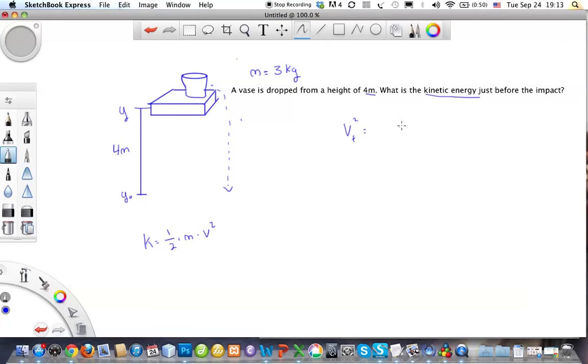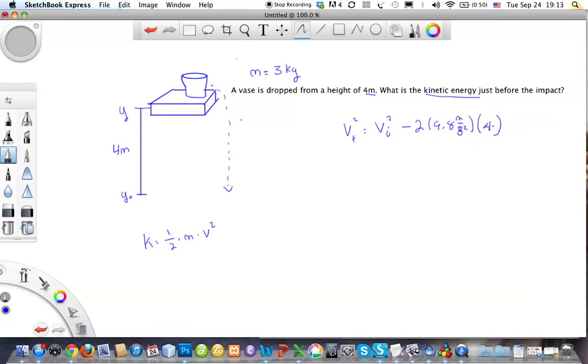So our final velocity squared is going to equal our initial velocity squared, plus, because it's dropping, minus 2 times 9.8, or you can see it says plus 2 times 9.8 meters per second squared, times our change in position, which is y minus y naught, which is 4 minus 0, still 4.